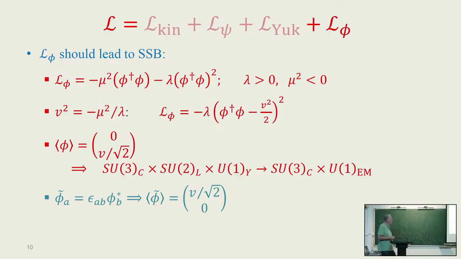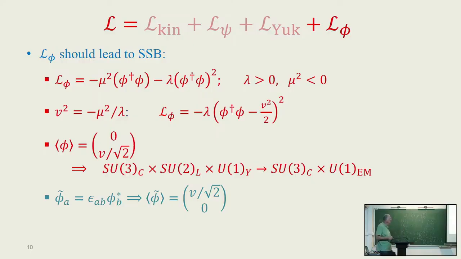It's convenient to define this v squared, where v over square root of 2 will be the vacuum expectation value. It allows us to write the same Lagrangian, up to a constant term, in this way, which makes clear that the absolute value of the vacuum expectation value should be v over square root of 2. And as before, we choose this to be in the lower component and the real part.